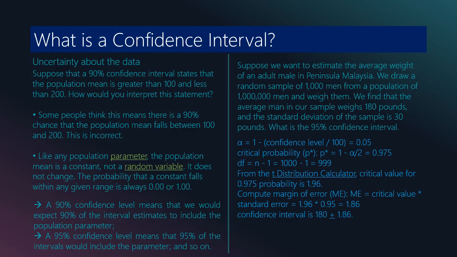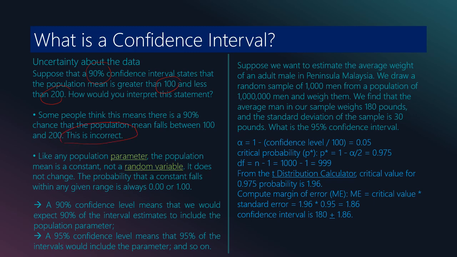Okay, so what is confidence interval? It is uncertainty about the data. Suppose that a 90% confidence interval states that the population mean is greater than 100 and less than 200. How would you interpret this statement? Some people think this means there is a 90% chance that the population mean falls between 100 and 200, which is incorrect.